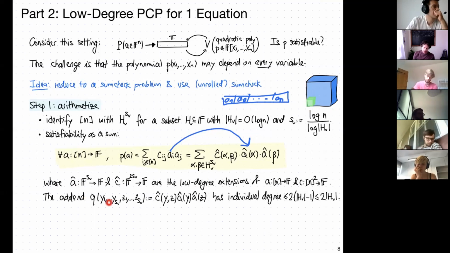So when we're looking at this term that we get, which we will denote the function Q, we get this function of individual degree which is twice the size of H. And to see that, what's happening is that you just count how many points you have to fix.